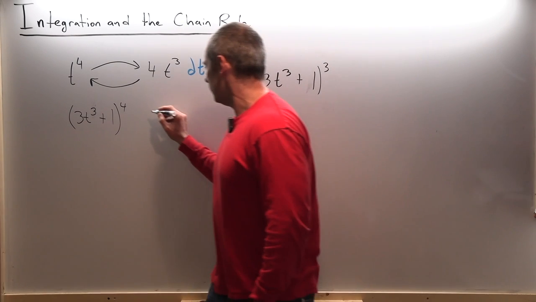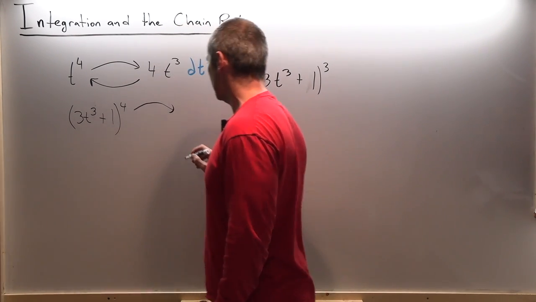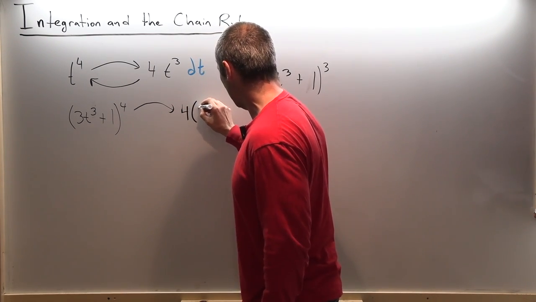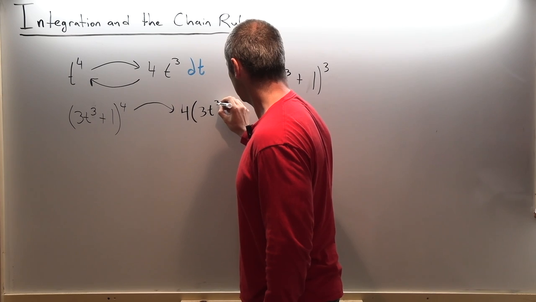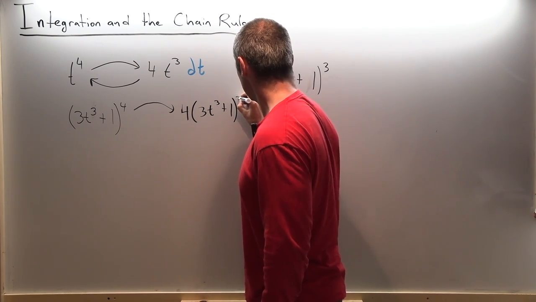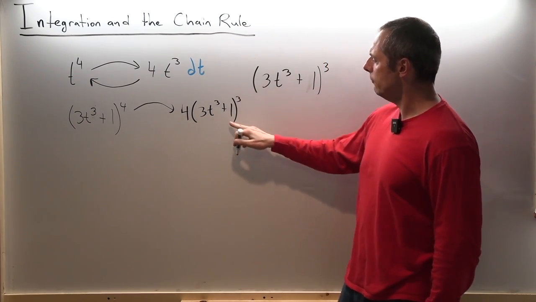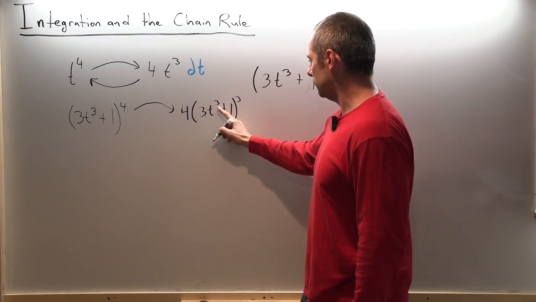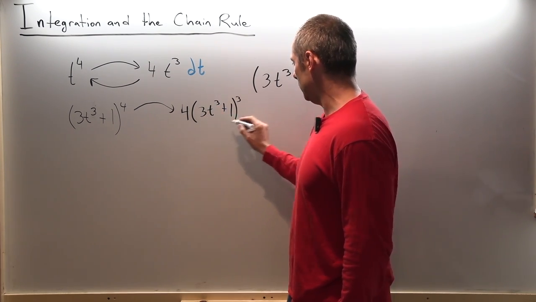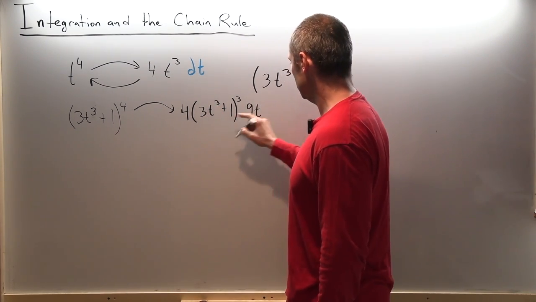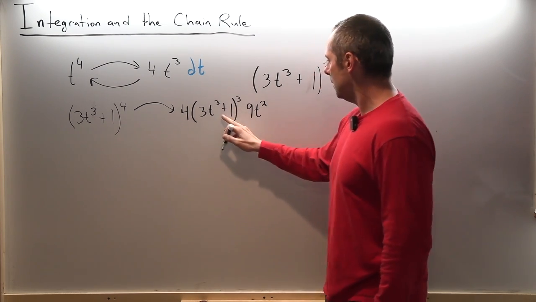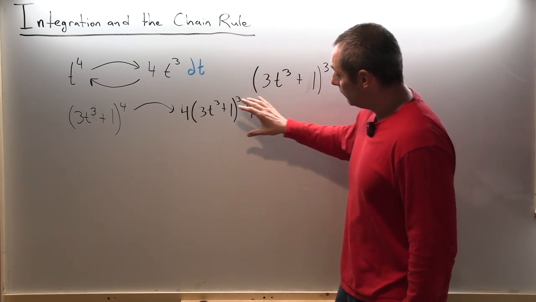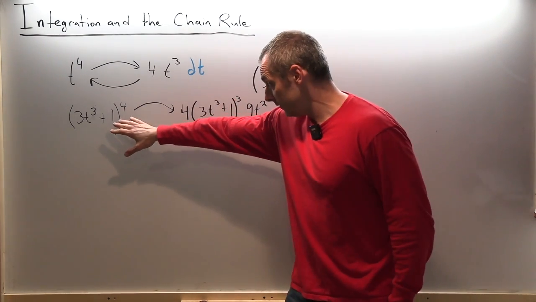If we take the derivative of this though, we put the 4 to the front, then we subtract 1 from the exponent, but then we have to multiply by the chain rule the derivative of what's inside here, which is going to be 3 times 3 or 9t, and then subtract 1 from the exponent, plus the derivative of 1, which is 0, so I won't even write that. So all of this is the derivative of that.